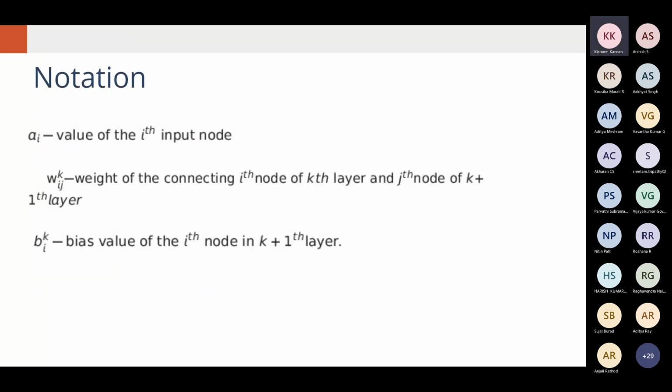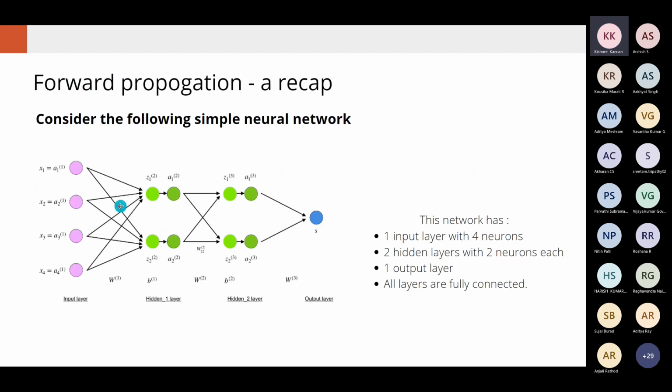Next we have weights, represented by W with the superscript k and subscript ij. This represents the weight of the connection between the ith node of the kth layer and the jth node of the k plus 1th layer. Let's take a random connection, for instance this one.